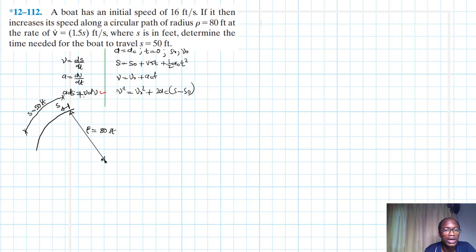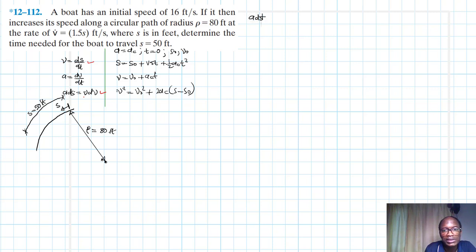Once we have that, we need to find the time. Then we use this particular equation. So we're using two equations, that one and that one. Then let's see what happens.